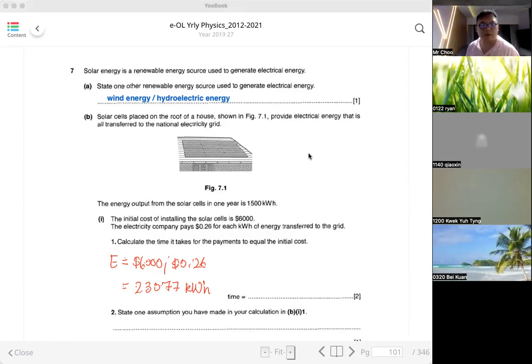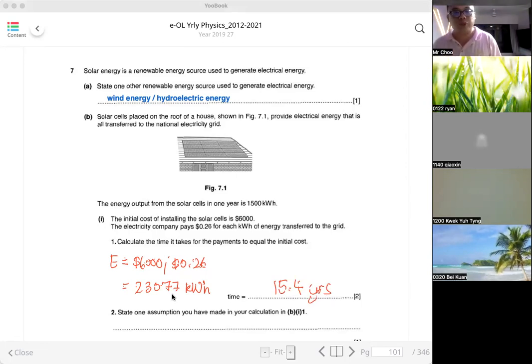You need about 23077 kilowatt hour. And you know that every year it uses 1500 kilowatt hour. So you calculate how many years it takes to generate 23,000 kilowatt hours. After you calculate, most of you should be able to get 15.4 years. Is that clear? That should be your answer.